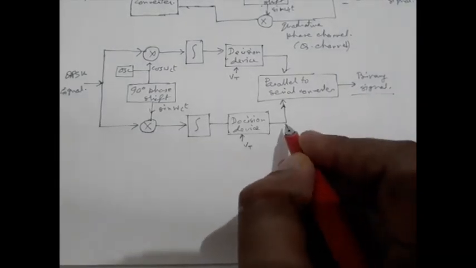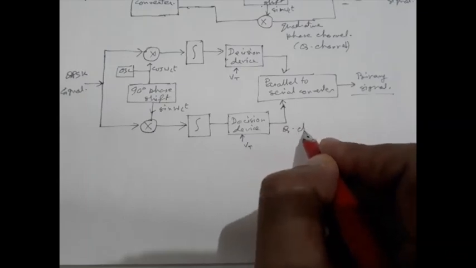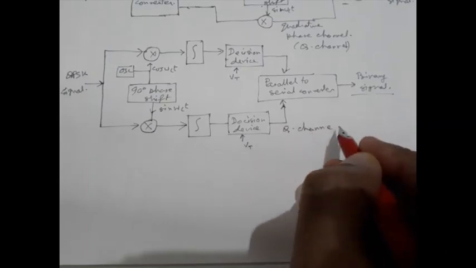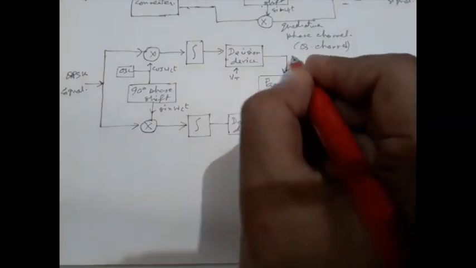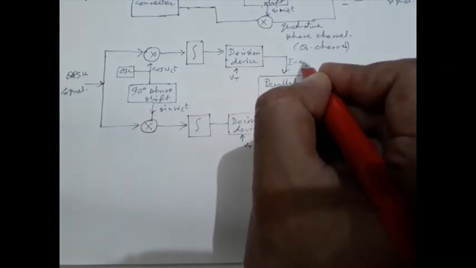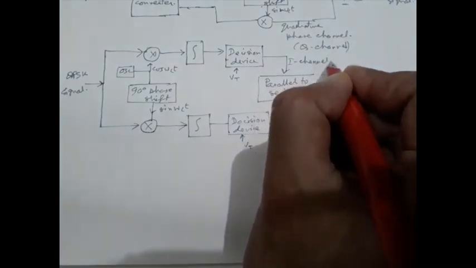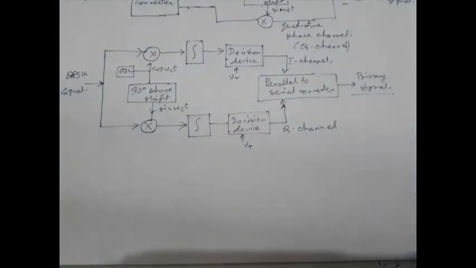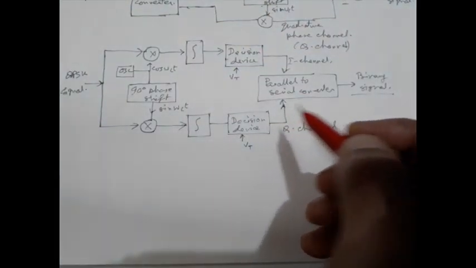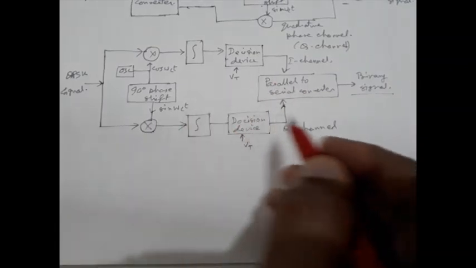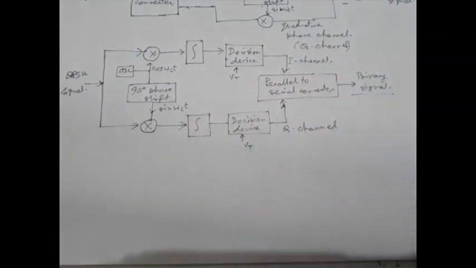The lower one is the Q channel, the upper one is the I channel. Sometimes, because of this in-phase and quadrature phase component, this type of modulation is also called IQ modulation. Capital I, capital Q, IQ modulation.